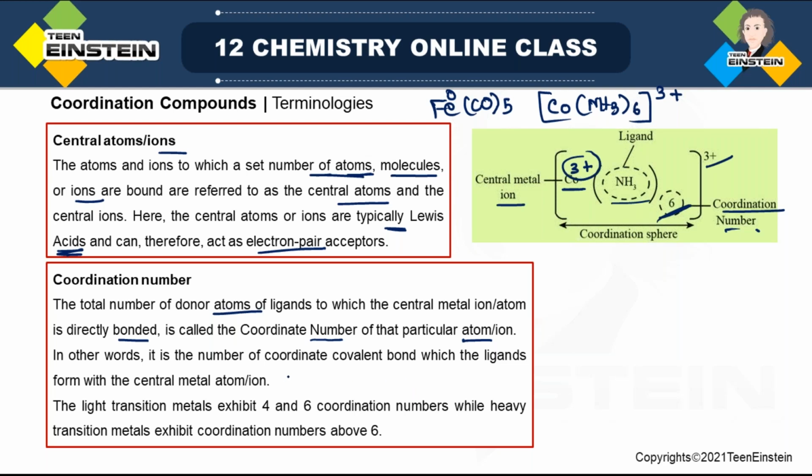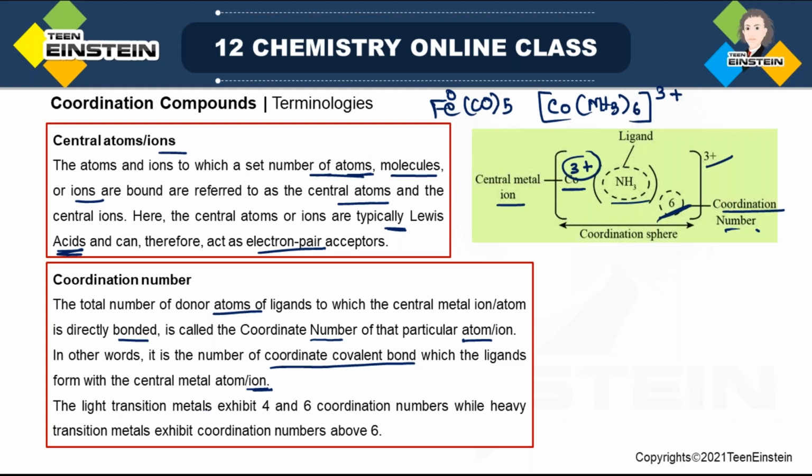You can also say from another point of view that it is the number of coordinate covalent bonds, or simply coordinate bonds, which the ligands form with the central metal ion or atom.